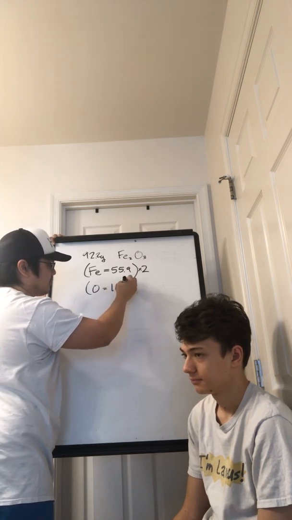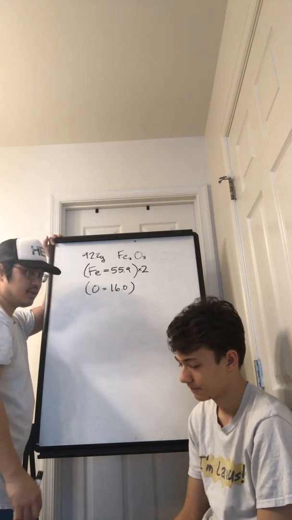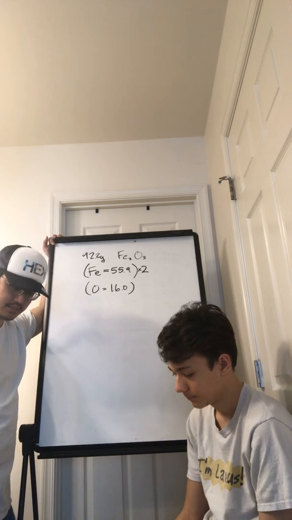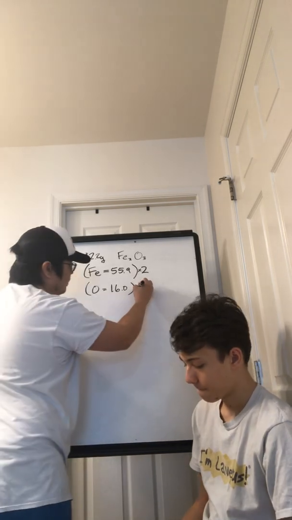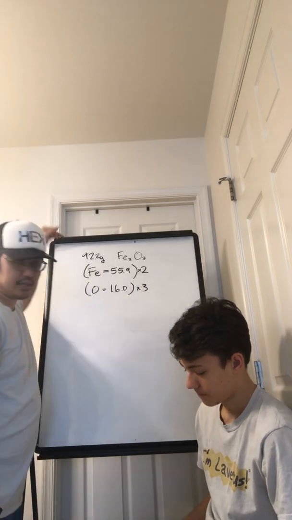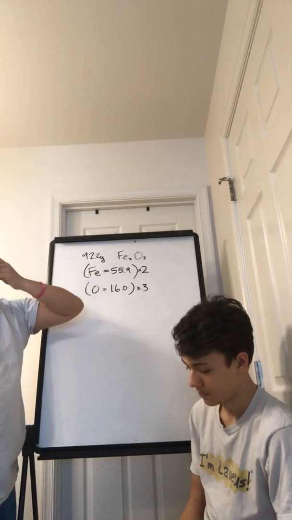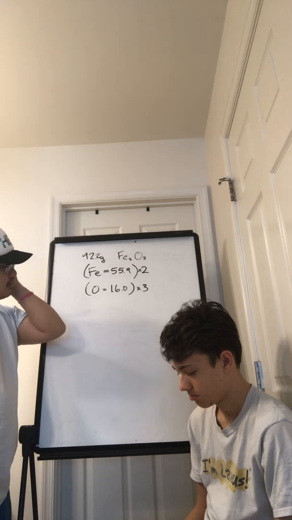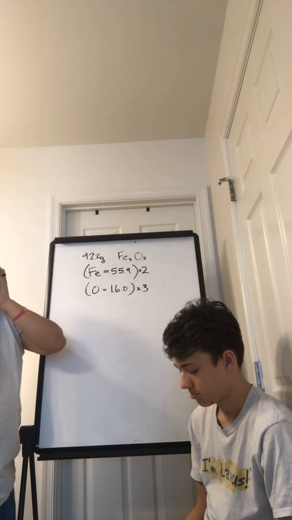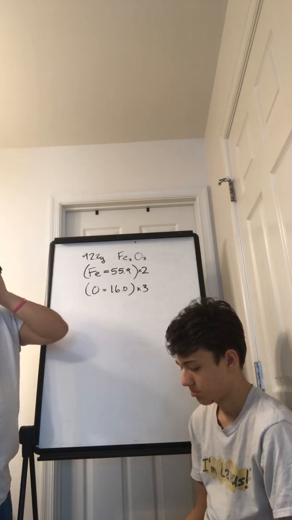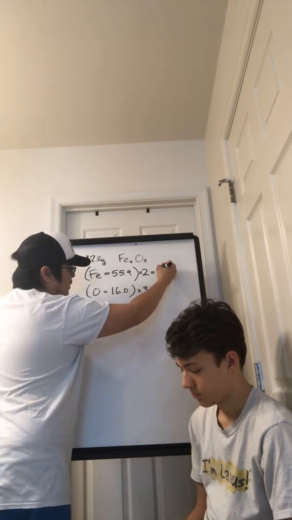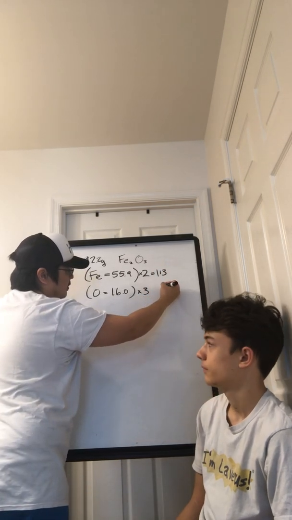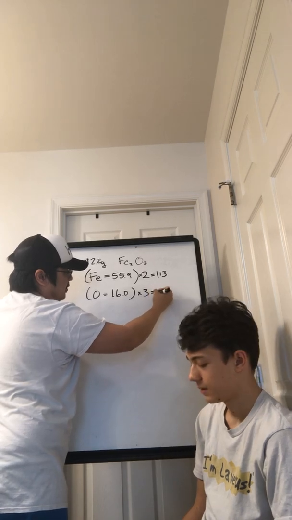Does that make sense? Yeah. And we're multiplying that by what? 3 times 3. All right, handy dandy calculator. What is 55.9 times 2? And what is 16 times 3? Is that like a 113.8? Yeah, 113.8.